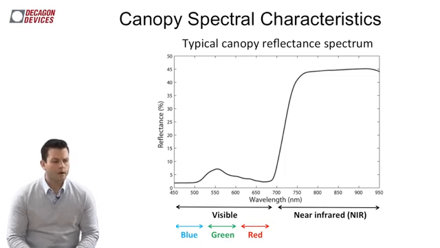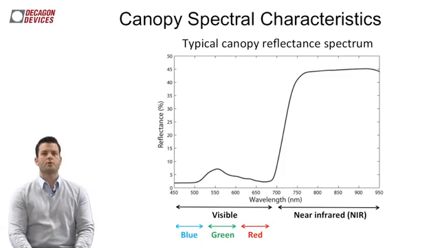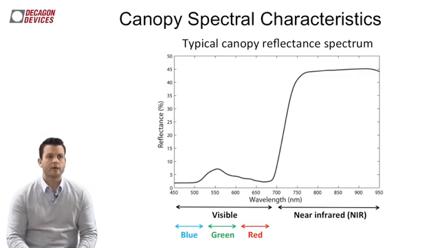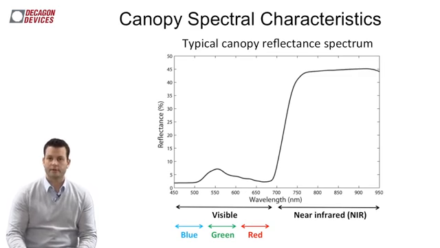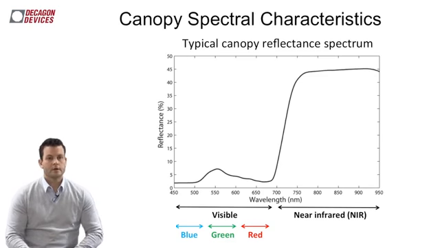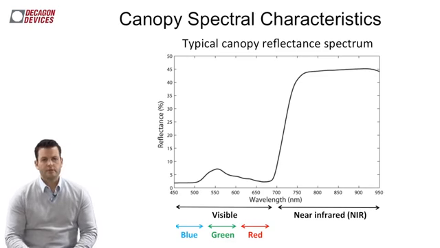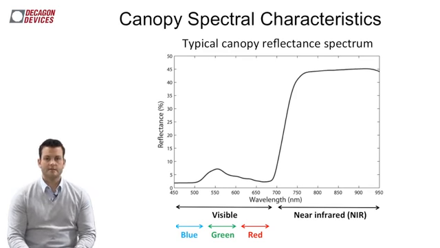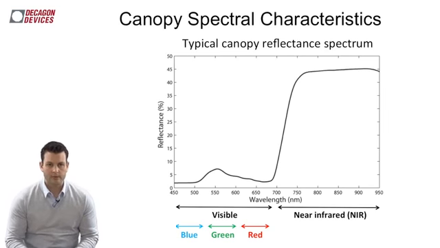On this slide, I'm showing a very typical canopy reflectance spectrum. By typical, I mean this is what I would expect to see from the majority of canopies that have green photosynthetic material present. On the y-axis, we have percent reflectance, and on the x-axis is wavelength in nanometers.